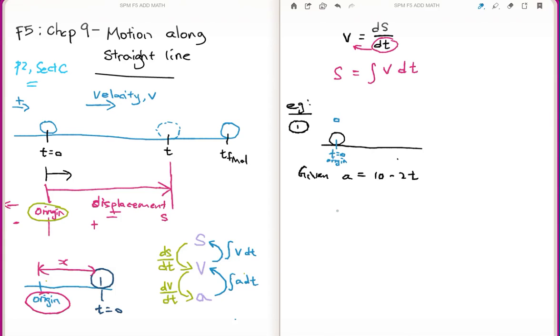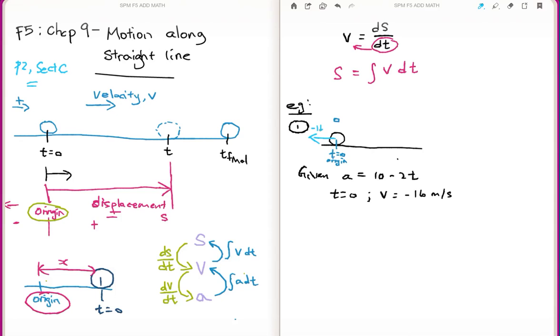You were also told the initial velocity is negative 16. So meaning when t is 0, my v is negative 16 meters per second. So it means when t is 0, my object is not moving to the right, but to the left.